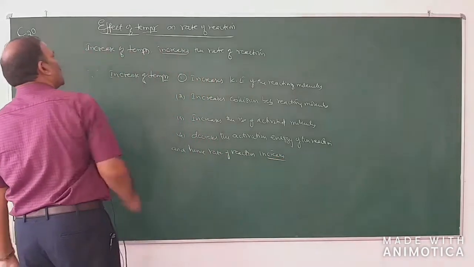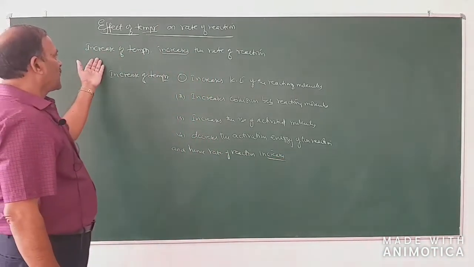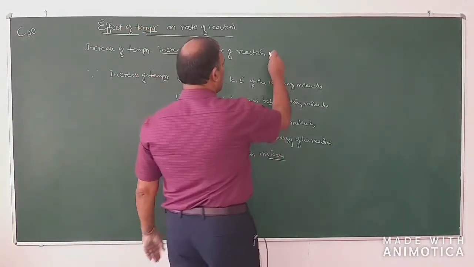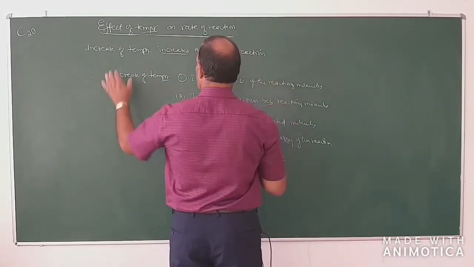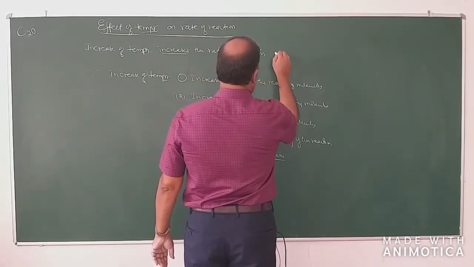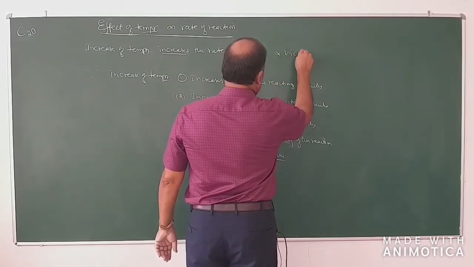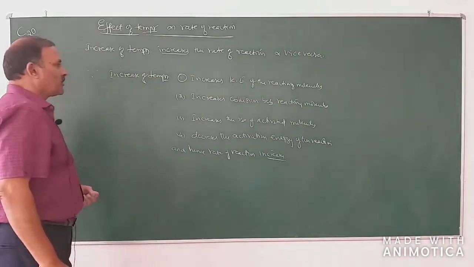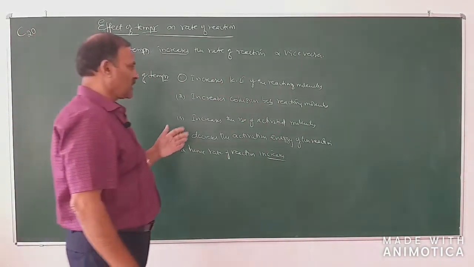So, we know increase of temperature increases the rate of reaction, decrease of temperature decreases the rate of reaction. So, in general, increase of temperature increases rate of reaction and vice versa. So, why does increase of temperature increase the rate of reaction?